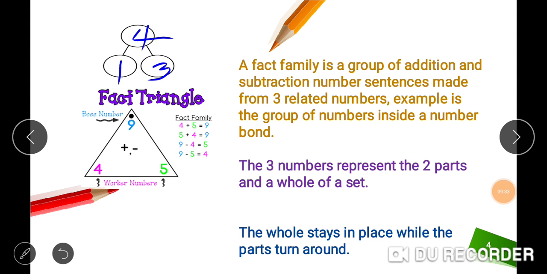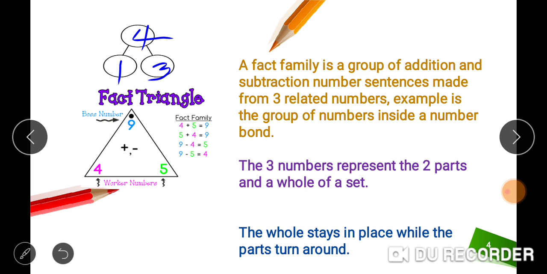The numbers inside the number bond are related. Remember, the upper part is the whole and the lower 2 circles are called parts. This number bond is related to the fact family.